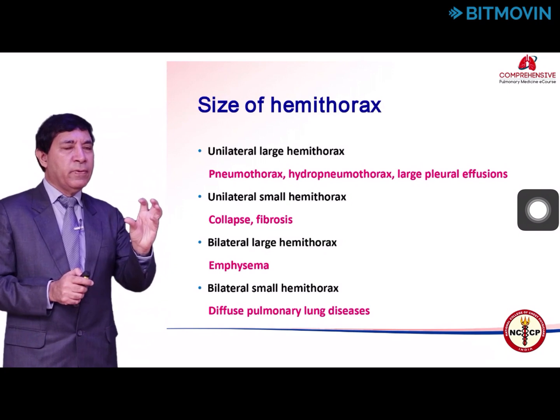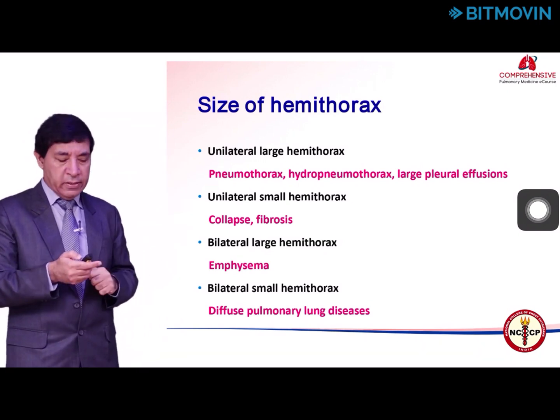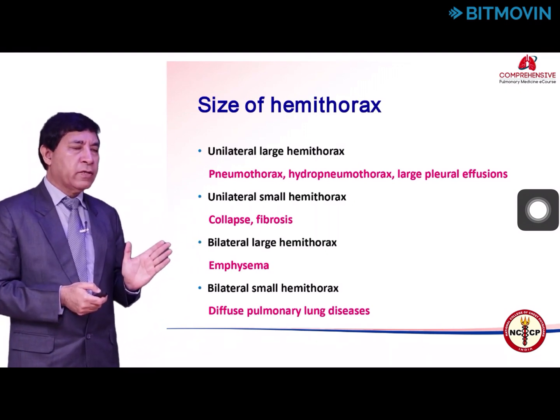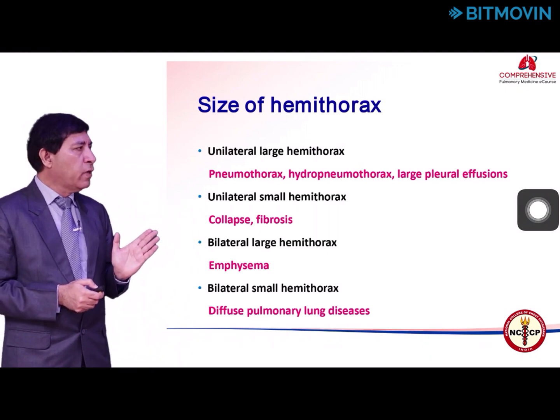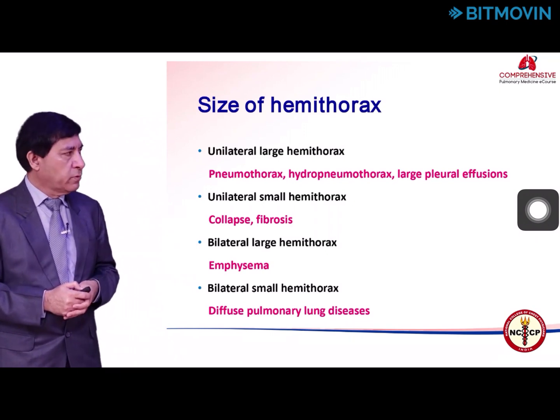The lung volume will be smaller, and the hemithorax and the chest wall will be pulled further inside. So when you have a unilaterally small hemithorax with restriction of movement on that side, the diagnosis would be either collapse or fibrosis.